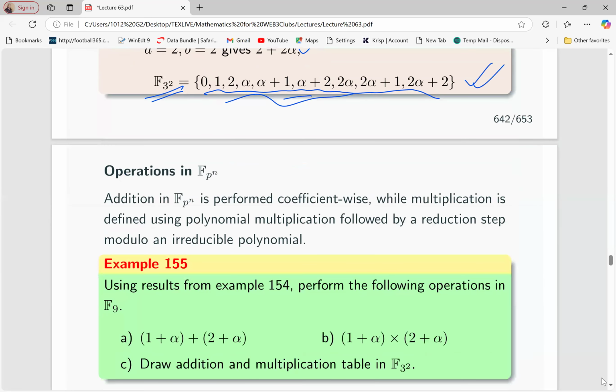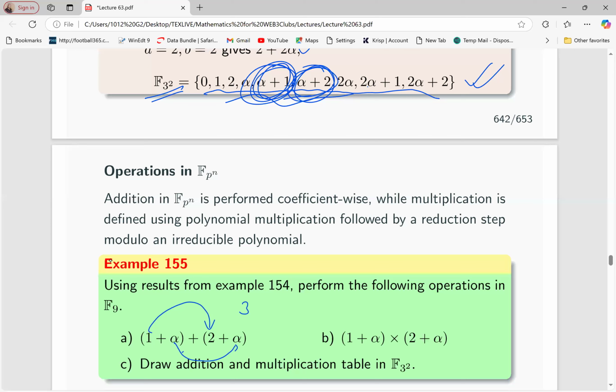I've taken an example of how to add. I want to add alpha plus 1, plus 2 alpha, 2 plus alpha. Now, you just add the like terms. And when you do that, you get 3.